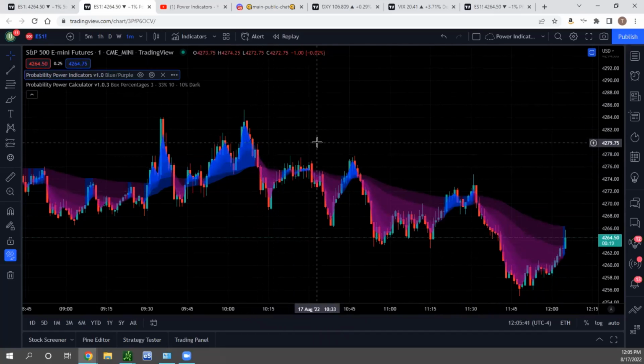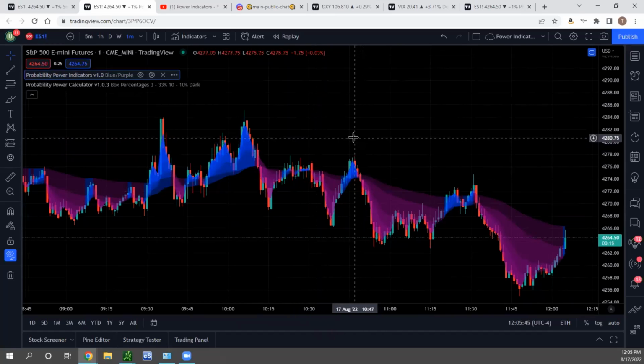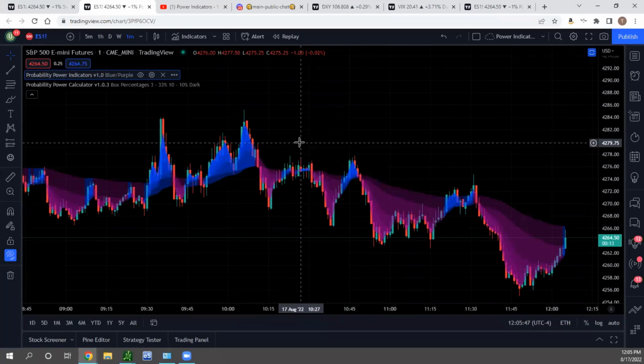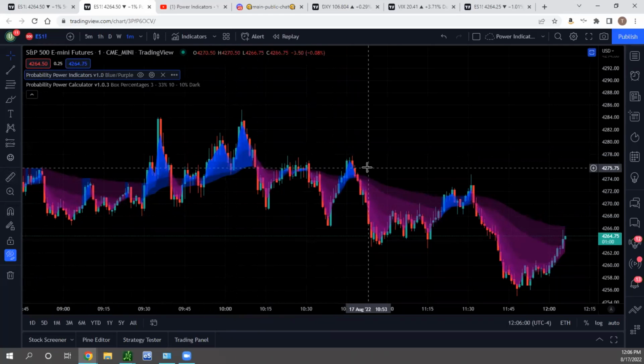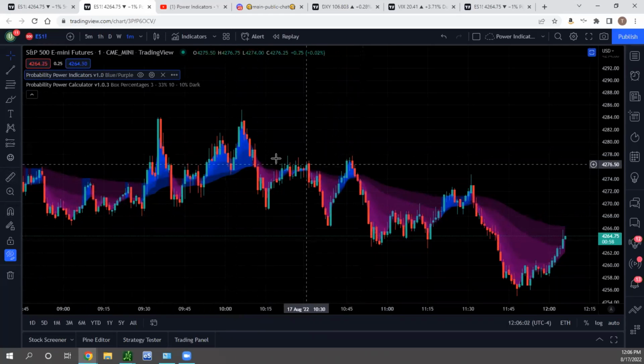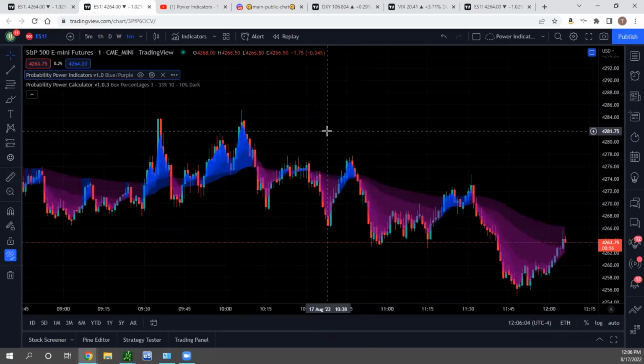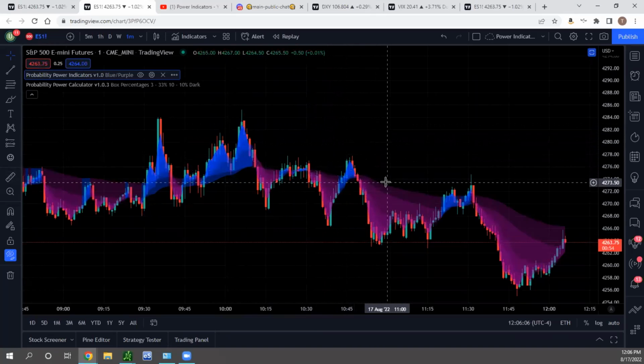No clear indication of which direction the trend is going, back and forth, which would be something we'd expect because today the FOMC meeting minutes are at 2 p.m. Eastern. So we of course expect the market to kind of go back and forth like that during a day like this. But this is how you use the power cloud.